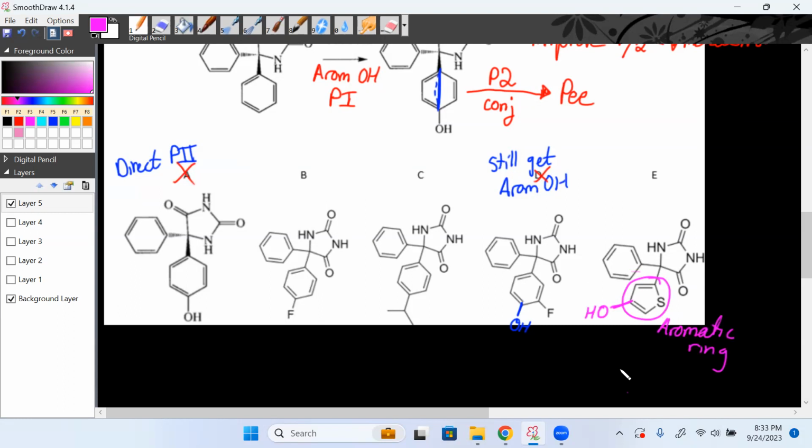Nope, we're just changing the way that it would look. So E is not a good replacement because we're still going to get aromatic hydroxylation. Or, the other possibility is it could go there, either one.